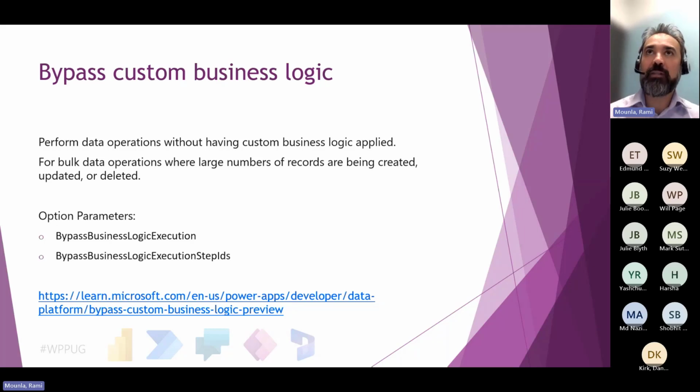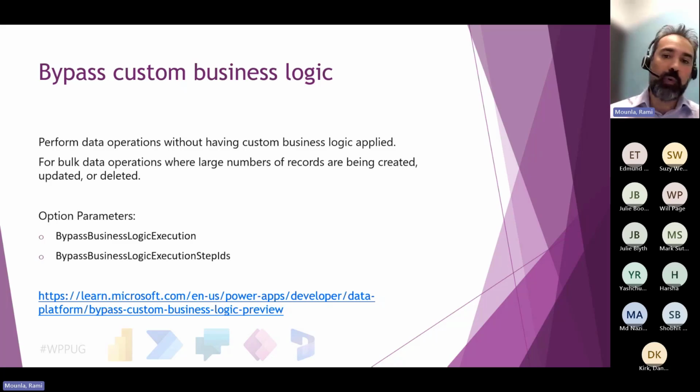So if you think about it, if you have a plugin associated with an event, like let's say every time I do an update, I need to trigger a business logic plugin, then you can specifically say, I'm doing a data migration, and that data migration takes care of making sure that all the data is set up correctly. So I'm going to pass in a parameter to say, do not execute that specific business logic, be it a plugin or that specific step ID.